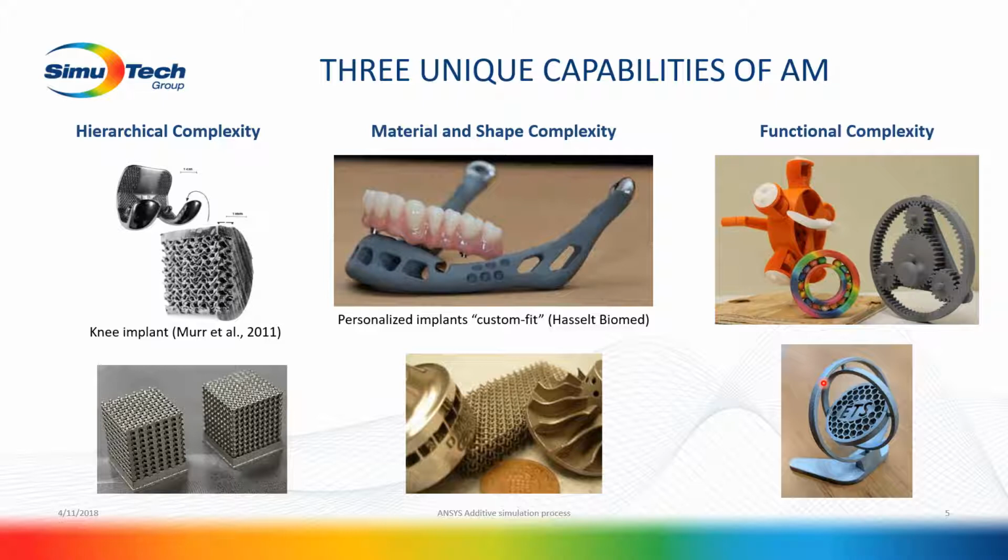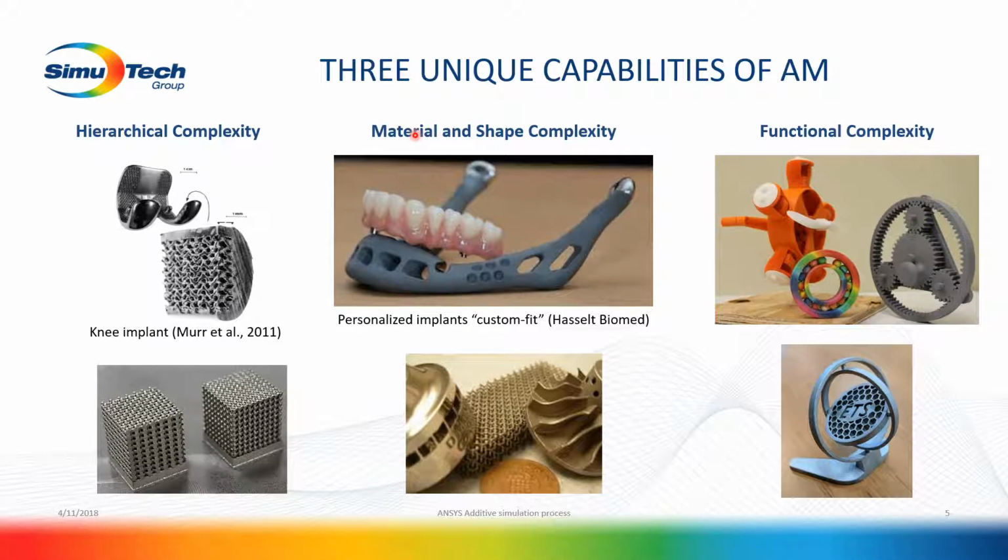So first of all, we're talking about hierarchical complexity, with the possibility to print a lattice structure at the inner core of a part. So this is really interesting. Material and shape complexity: we can print any kind of material.